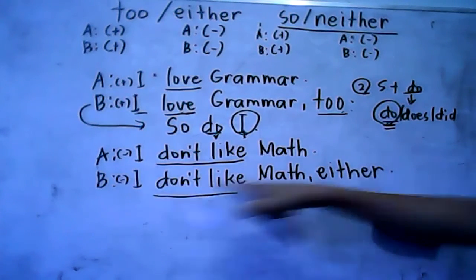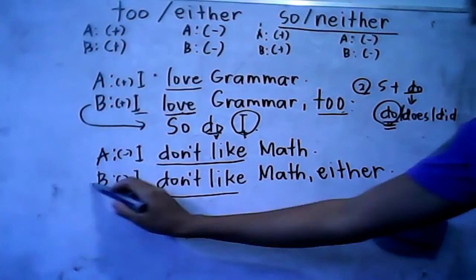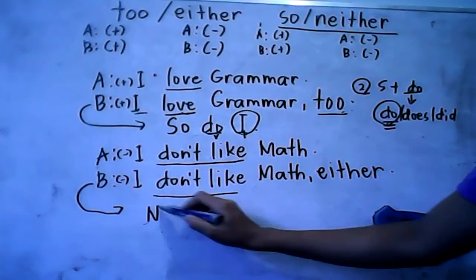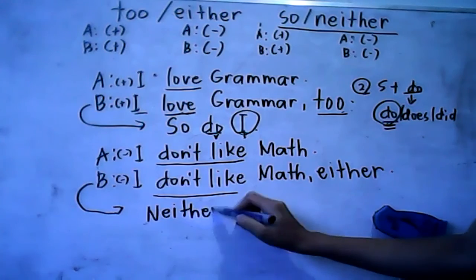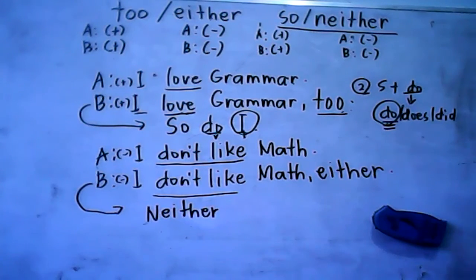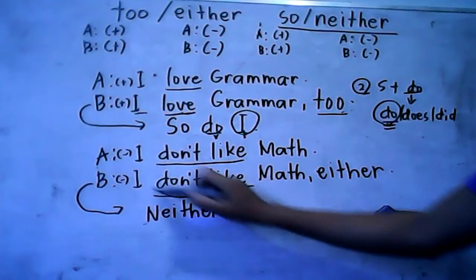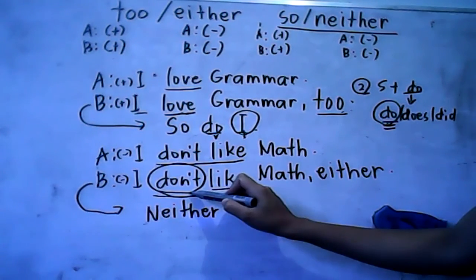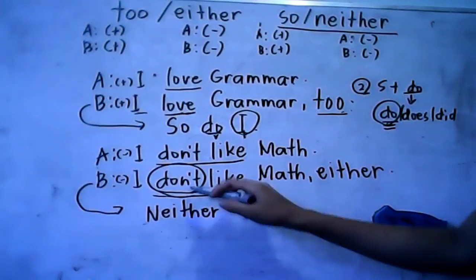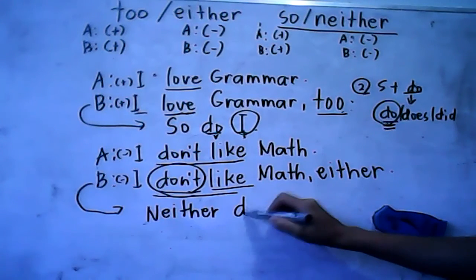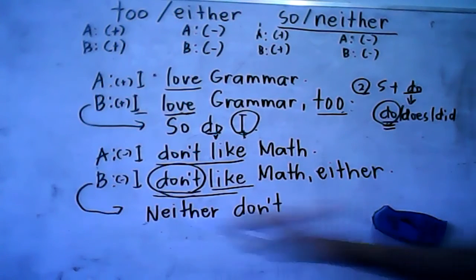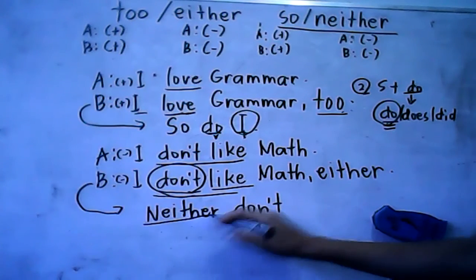So this one, I don't like math either. We can make this short by using neither. What verb are we going to use? You have a helping verb, you have a main verb, right? So we have to use the first helping verb. Because sometimes you have many helping verbs. Now, using the helping verb, this one is don't. But neither is already a negative word.